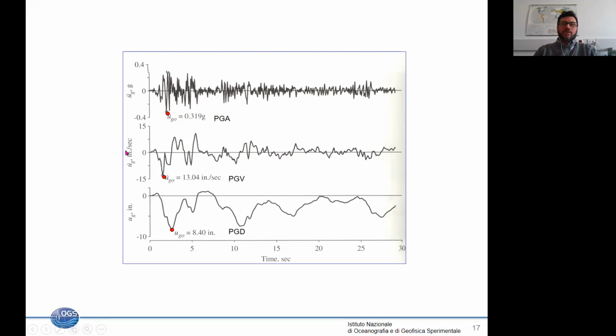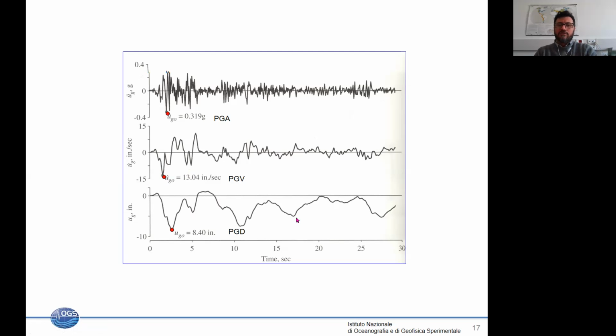If we take the maximum value of the acceleration, this is what we call peak ground acceleration, very simple. When you see hazard, very often you will hear about PGA. It's nothing else but the peak in the acceleration that you record. At the same time, we have peak ground velocity, the maximum velocity of the ground measured during this earthquake in this place.